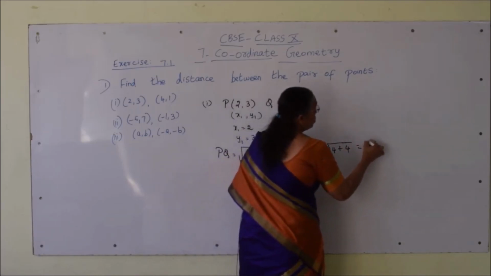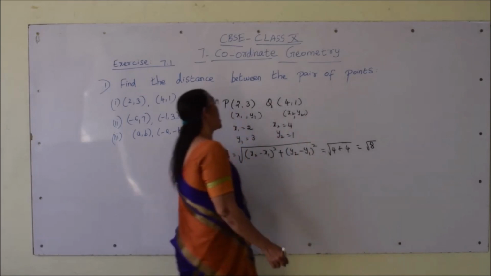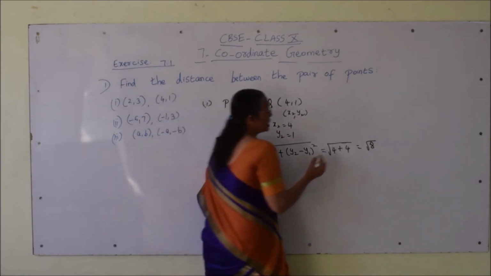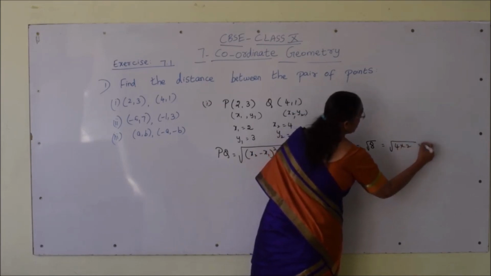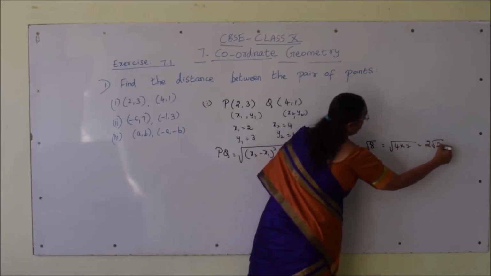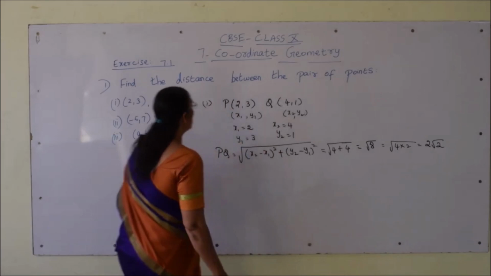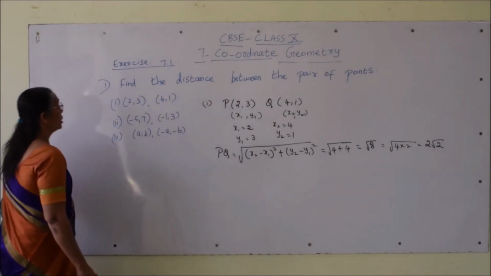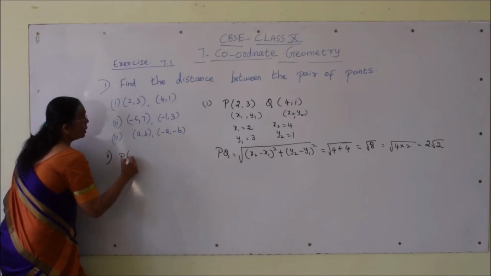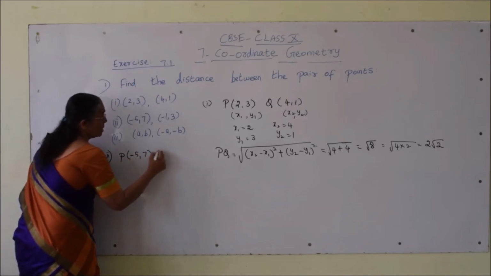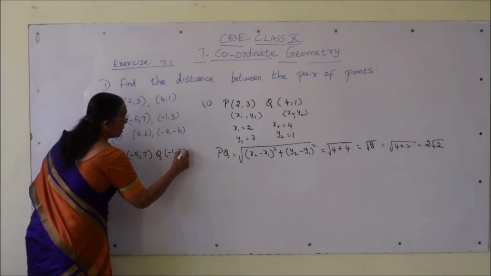So root over 8. Root 8 is the distance between the given two points, or we can write this as root over 4 twos are 8. 4 we can take out from the root as 2. So 2 root 2.